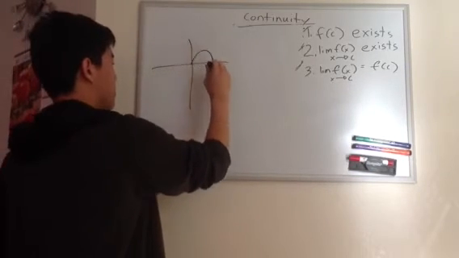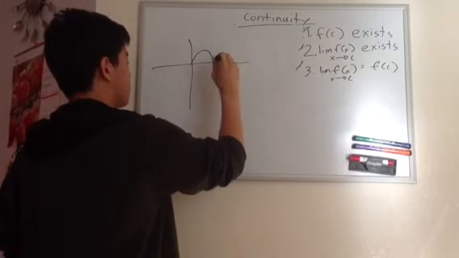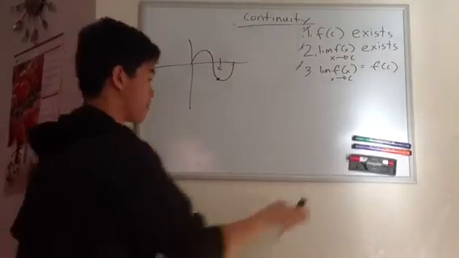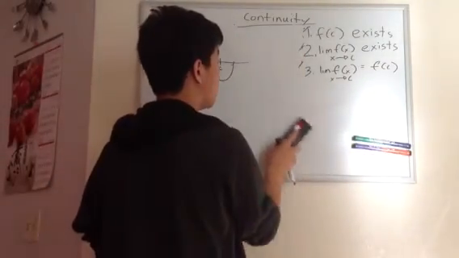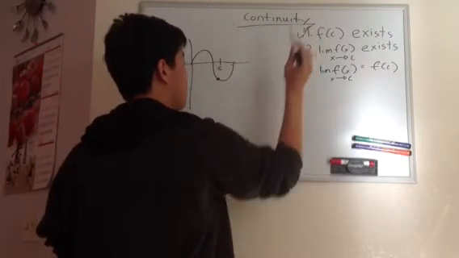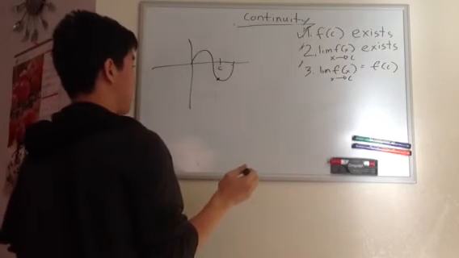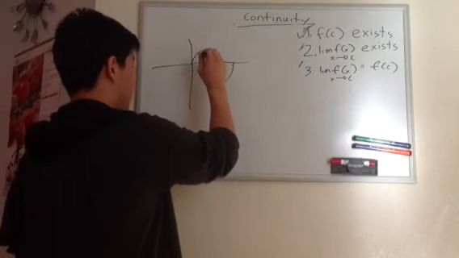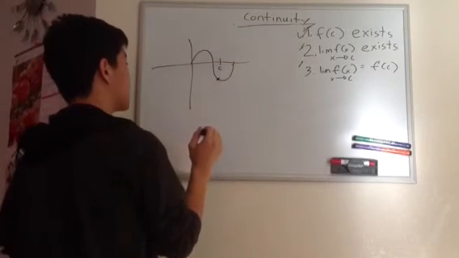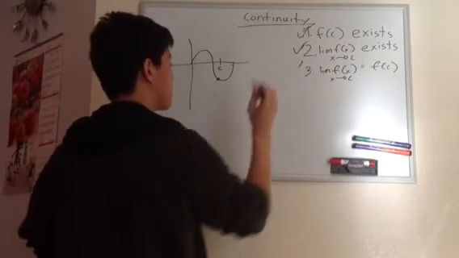Now let's take a typical sine graph, for example. And we'll mark this point as C. Does f of c exist? In this case, it does. Does the limit of f of x as x approaches c exist? Well, the values the limit approaches from the left and the values the limit approaches from the right are the same, so it's safe to say that the limit here does exist.